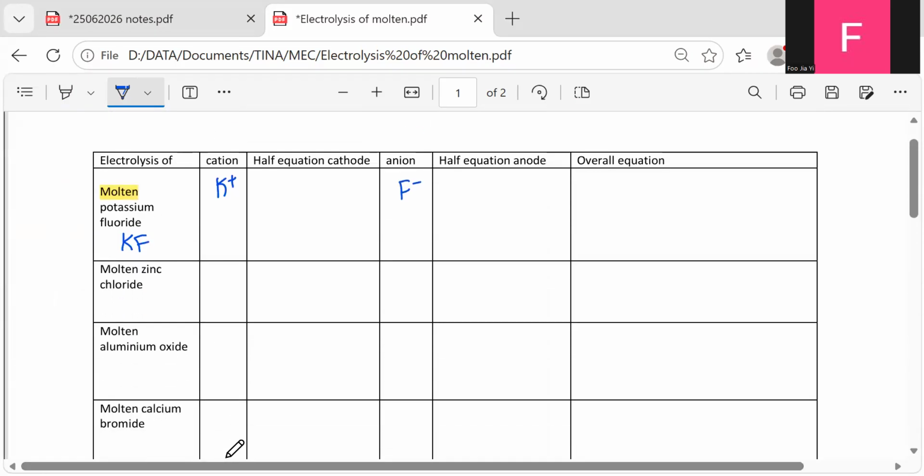So for example, potassium receives an electron to become potassium. Then fluoride, same as just now, becomes fluorine. Overall, potassium fluoride becomes potassium and fluorine, balance the equation. Okay? Got it? Okay, do the rest.